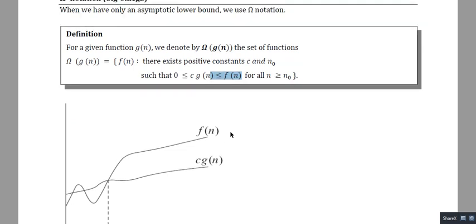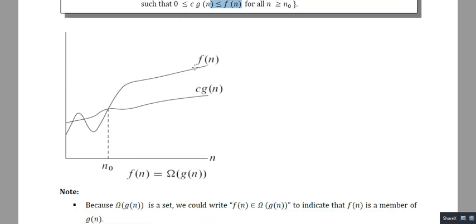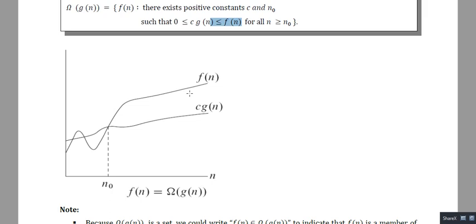So graphically we can represent it like this. Let's say this curve represents f(n) and this curve represents c into g(n), right? So in this big omega notation, f(n) value should always be greater than c into g(n). Up to this point the curve of f(n) is quite peculiar, because sometimes it is lying below c into g(n), sometimes it is going above c into g(n).